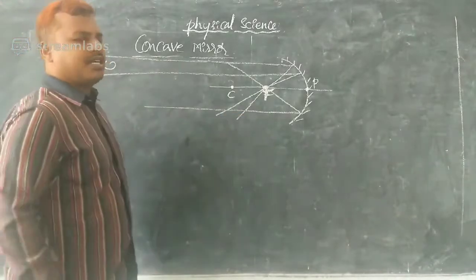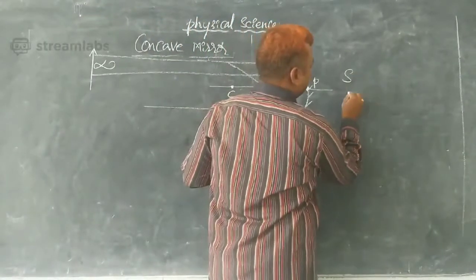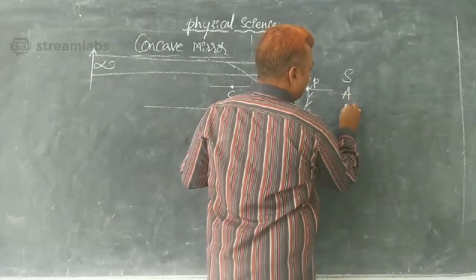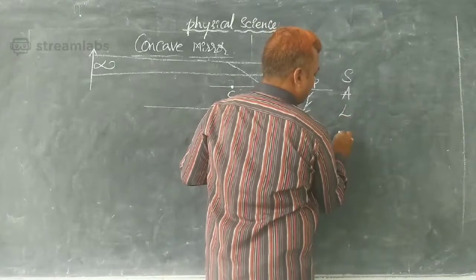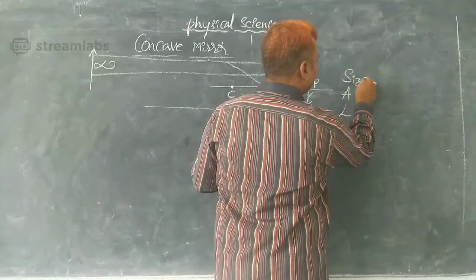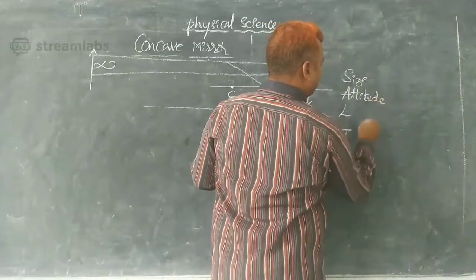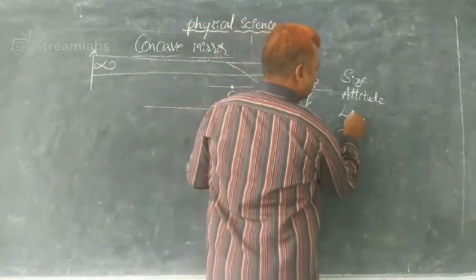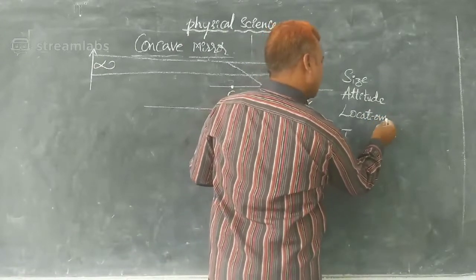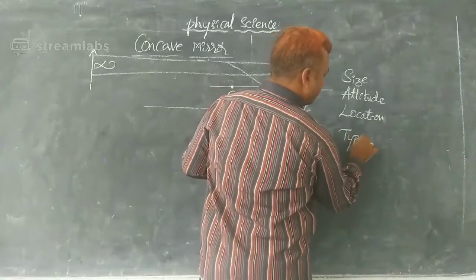So we need to write SALT here, that is size of the image, attitude of the image, location of the image, and type of the image.